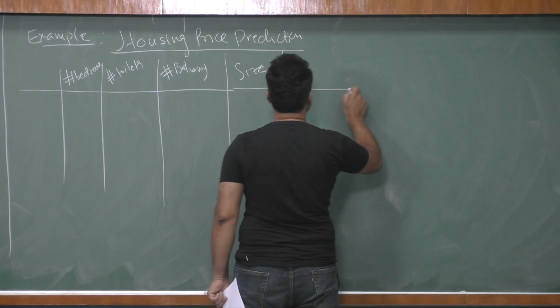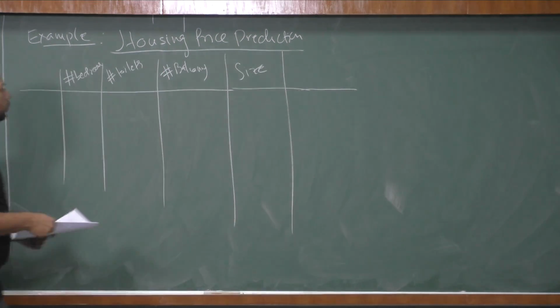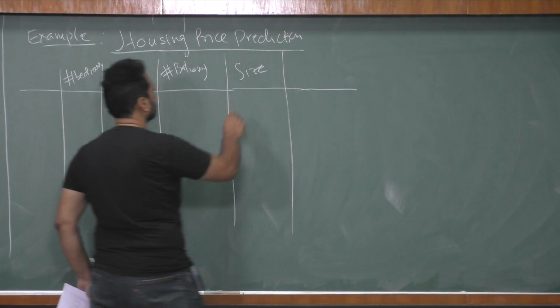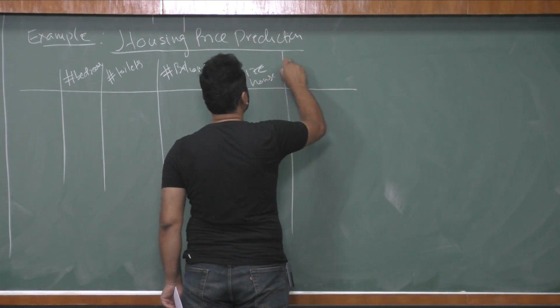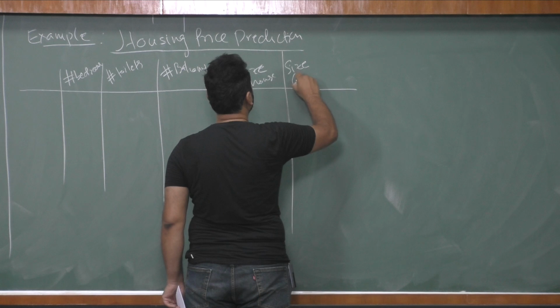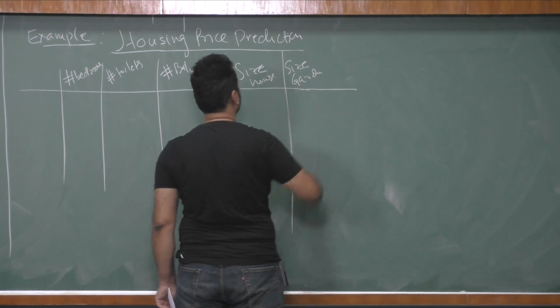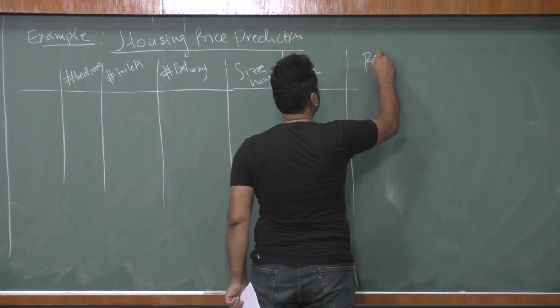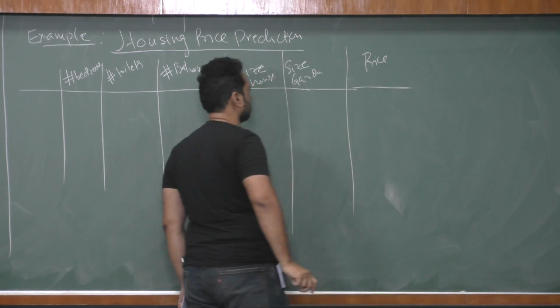So location may not be easy to encode. So we can have these features of the house, and then you can have size of the garden if there is a garden. Okay, if it's a flat, then it's not. And then based on all this, you have a price prediction of these houses.